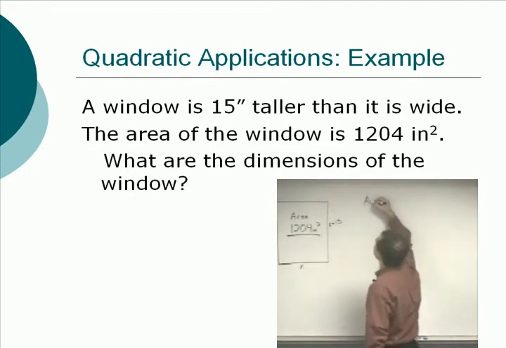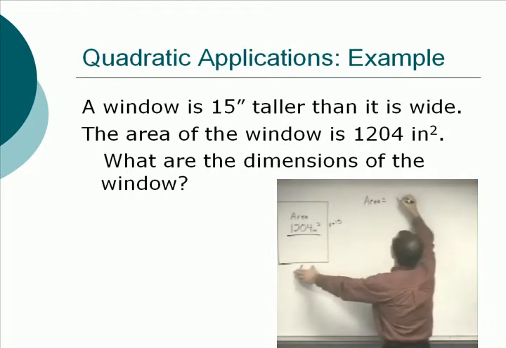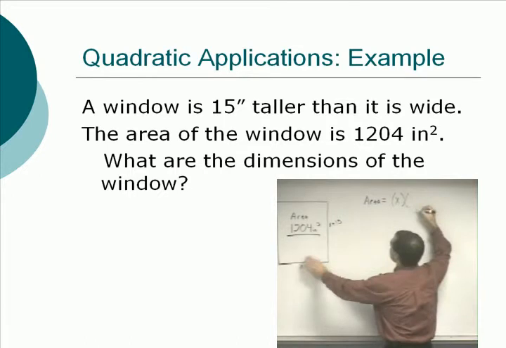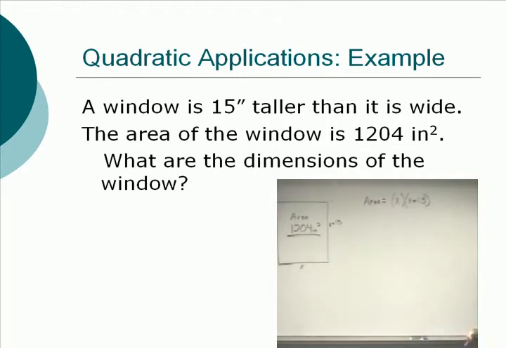So our area in this case is going to be our width, x, times the height, x plus 15. Well, we know what the area is. It's a good thing we know what the area is.